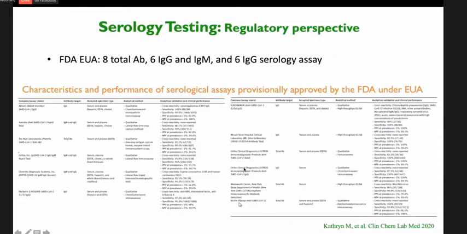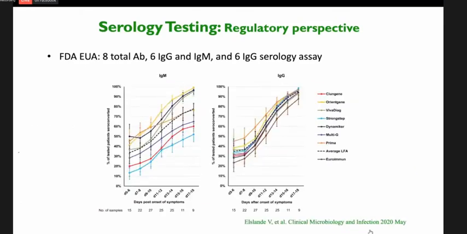Basically, these assays largely differ in terms of methodology and antibody target. However, the overall diagnostic performance of serological testing has not been systematically evaluated, and more data are required to support their clinical utility in different settings.